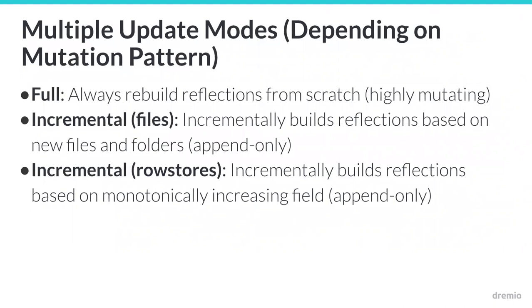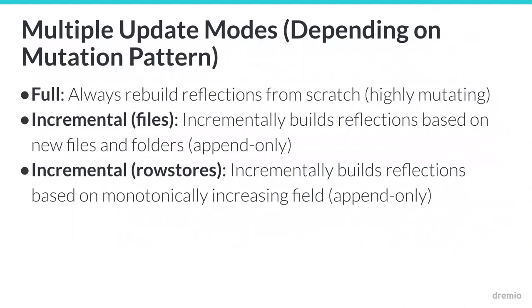However, in many cases, we can be better than that because if it's known that the underlying data is append-only, as in we're only adding new rows to the data, we're not doing updates or deletions, then it makes sense to not recreate the entire reflection every time we refresh, but only add the newly added data.